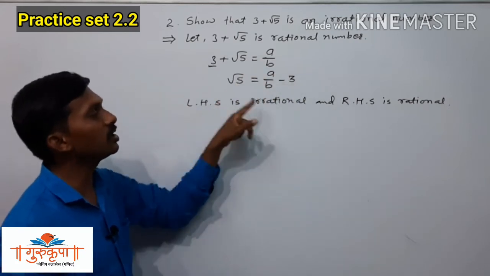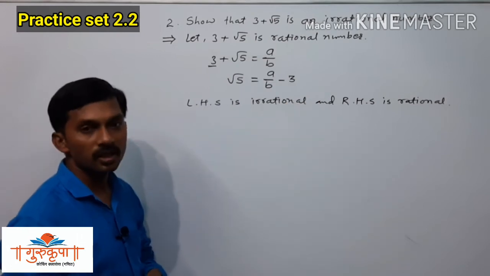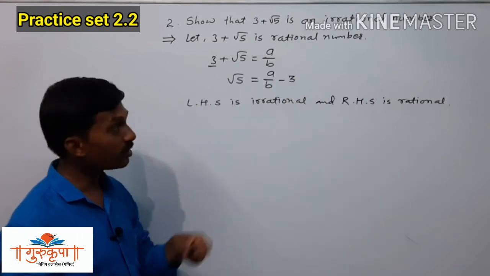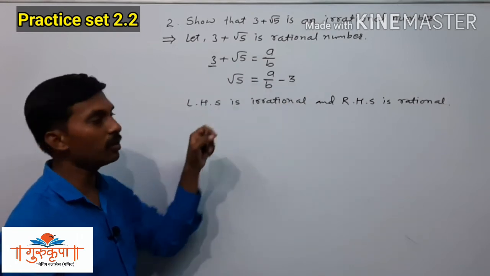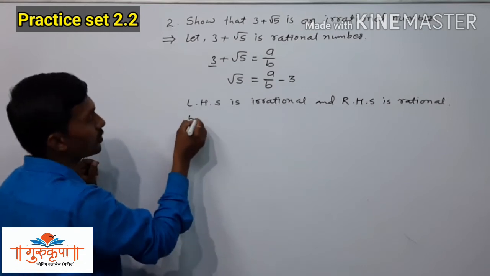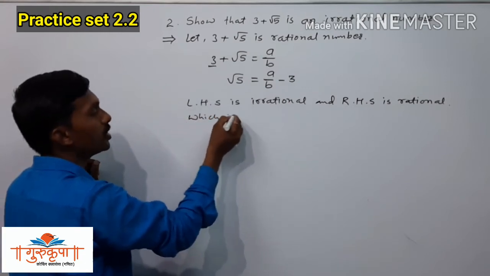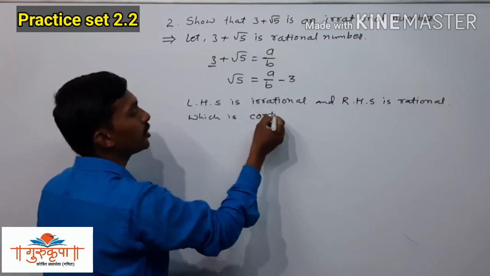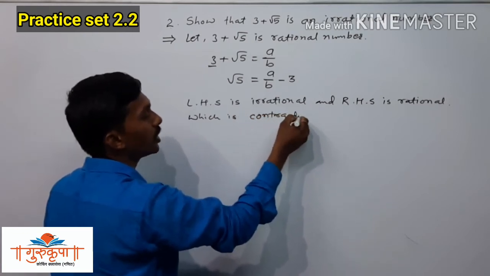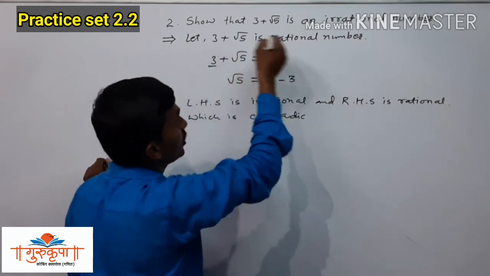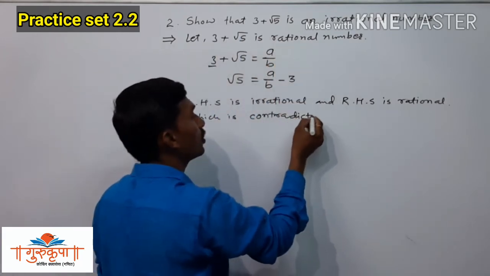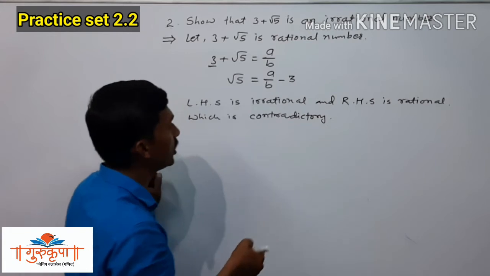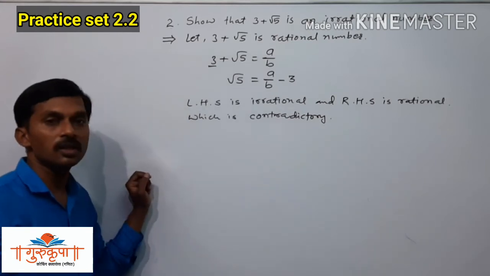Since LHS is irrational and RHS is rational, which is impossible or which is contradictory, which contradicts that our assumption is wrong.